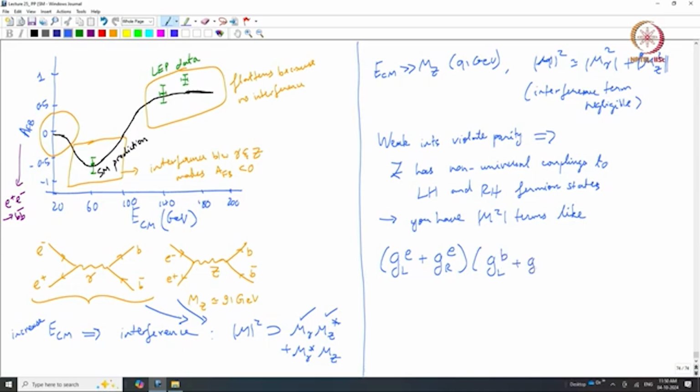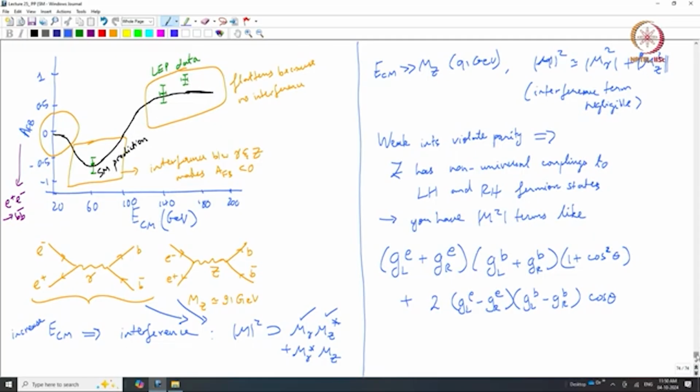So I have this, okay, that is the part that multiplies 1 plus cos square theta, okay, and then I have terms like this: GL minus GR for E, GLB minus GRB, times cos theta, okay.